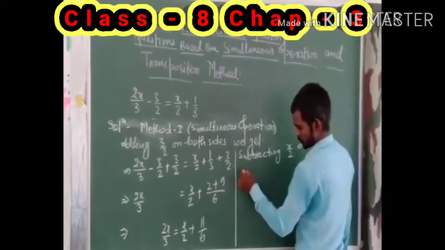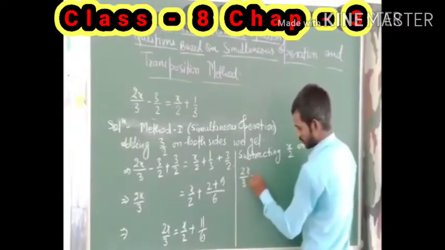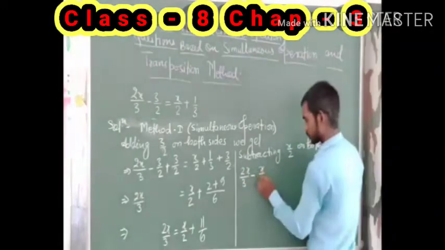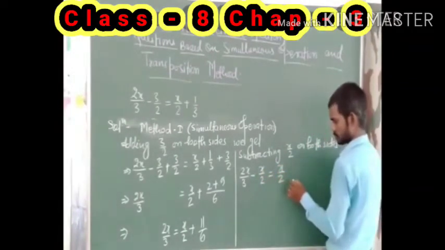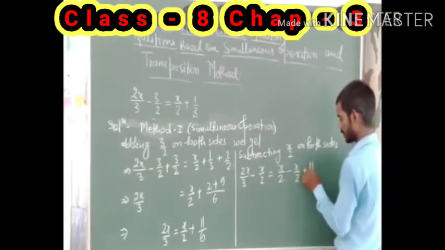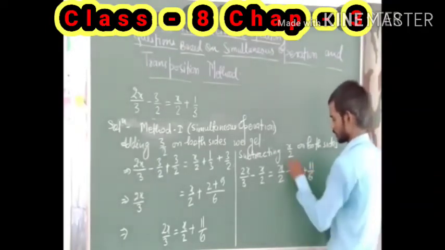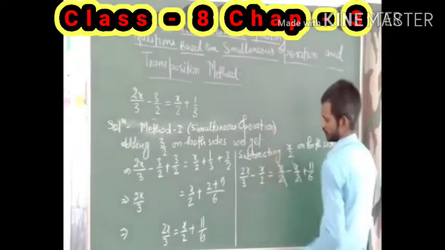We have 2x upon 3 minus x upon 2 is equal to x upon 2 minus x upon 2 plus 11 upon 6. This cancels out.